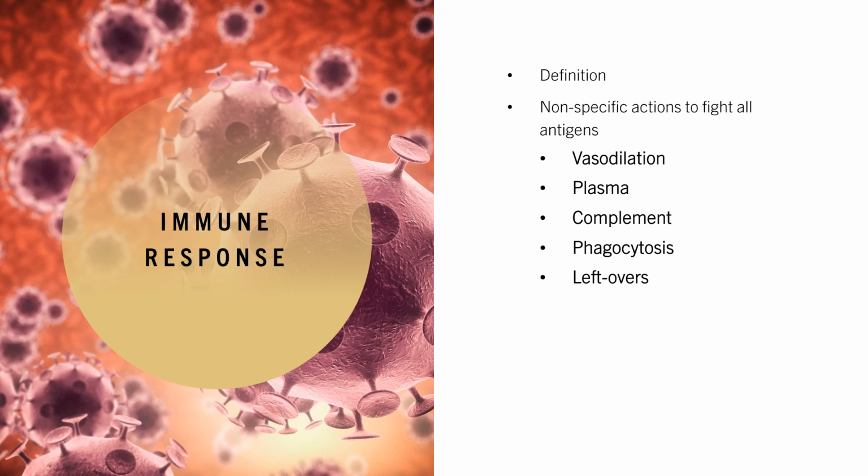So then the neutrophils show up first, and they're the phagocytic nonspecific action. So they're digesting the antigen. And if the neutrophils die, they release chemicals that draw more neutrophils, more phagocytes to the area.